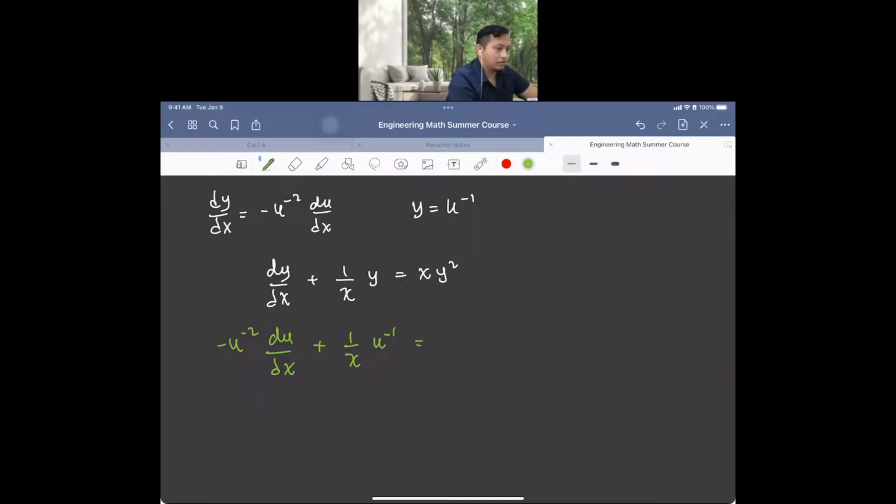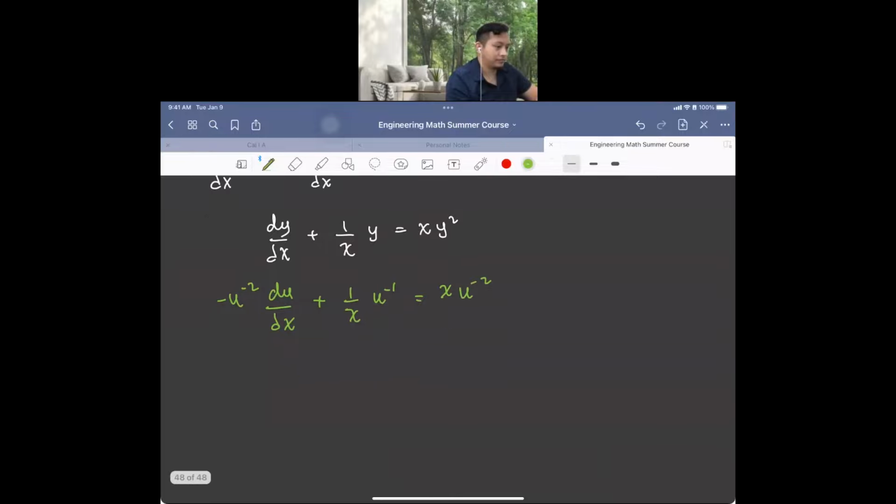Let me check. X u negative 2, right? And we can divide all with u negative 2 and change the signs. This is the du dx minus 1 over x u equal negative x, right?